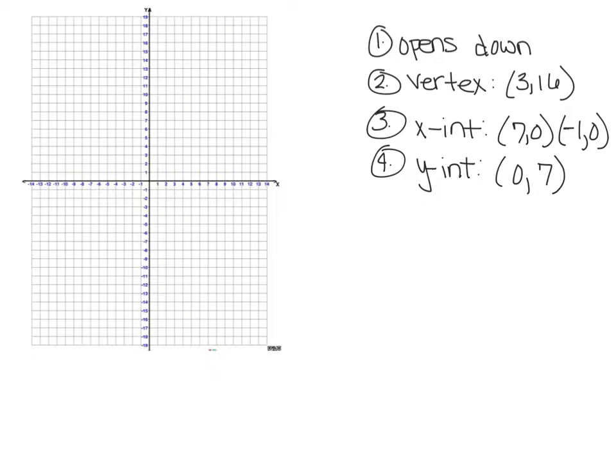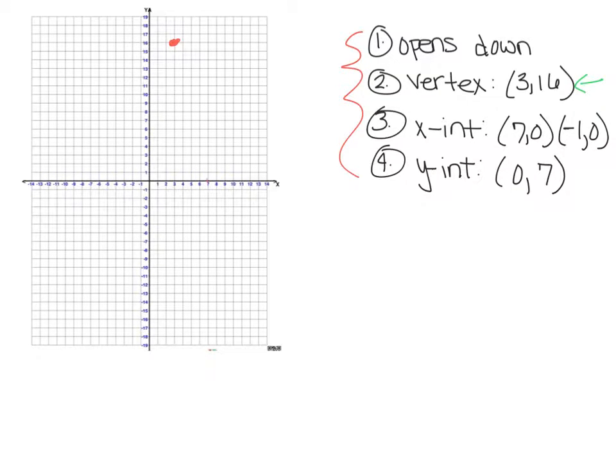Now we're going to take all the components that we previously found and use them to sketch the graph of the parabola. The first thing you want to do is plot the vertex, and the vertex is at (3, 16). So we'll put a point at (3, 16), and then we'll plot the x-intercepts.